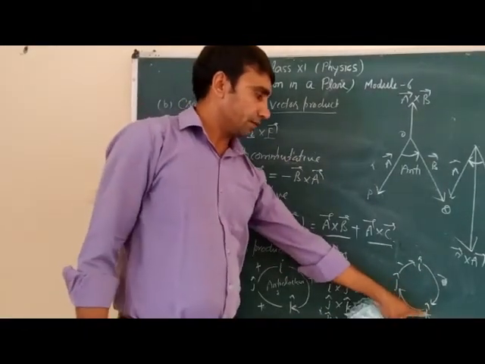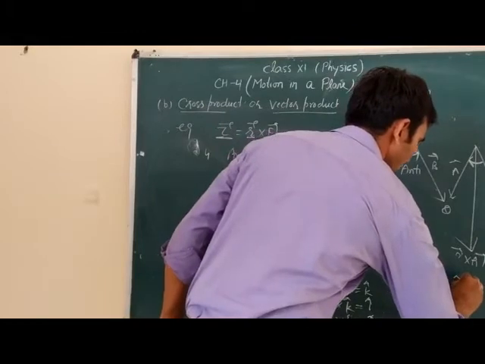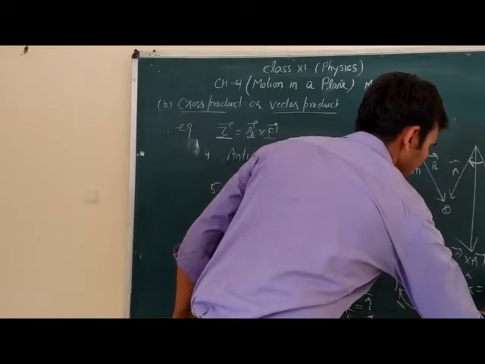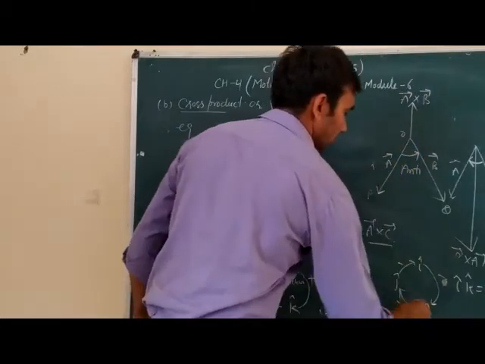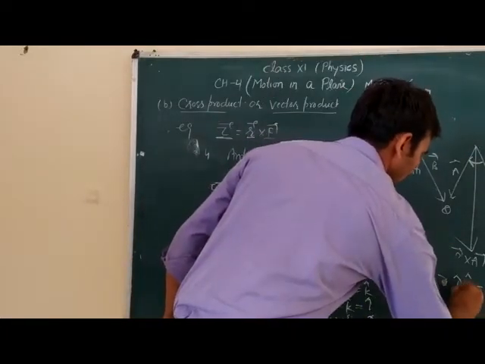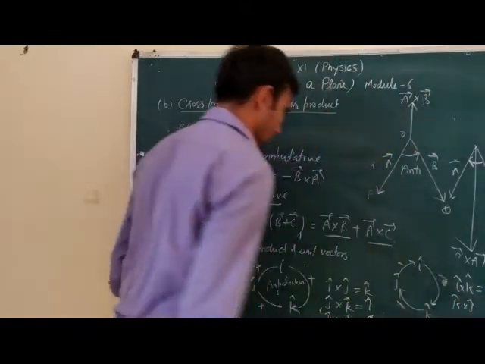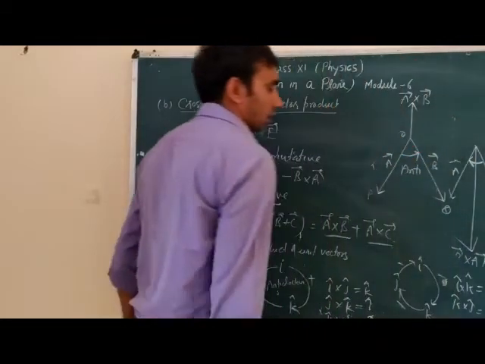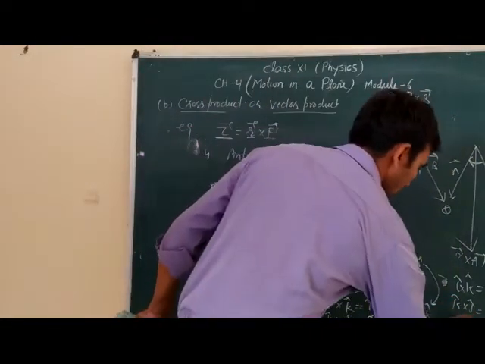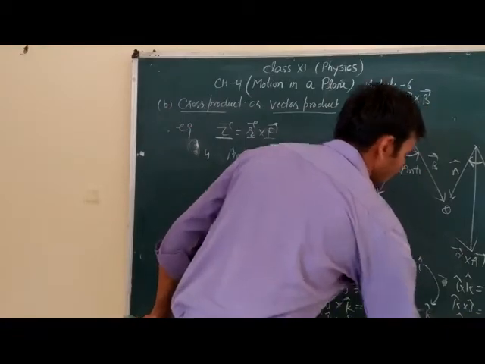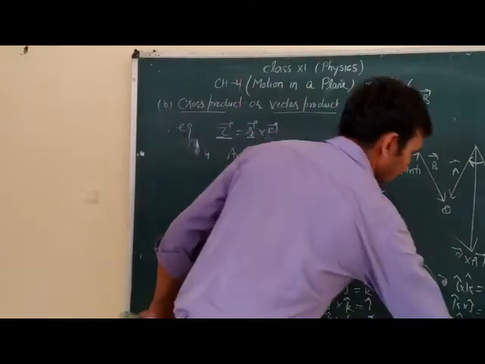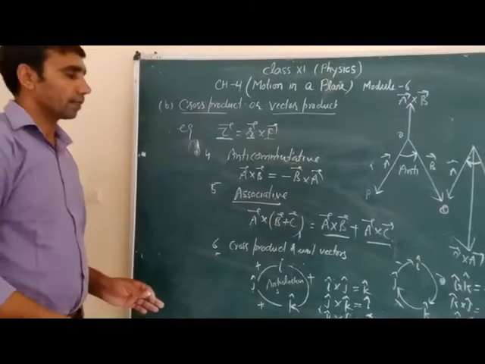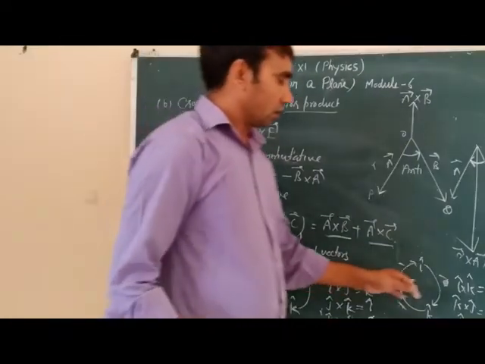I cross K is minus J, K cross J is minus I, J cross I is minus K. This is clockwise rotation.